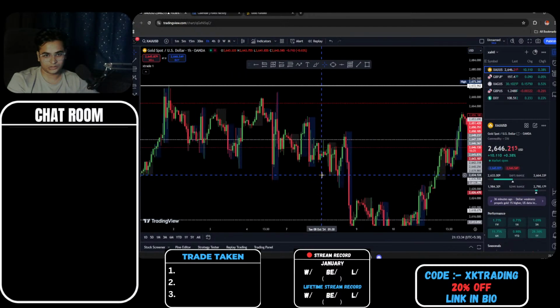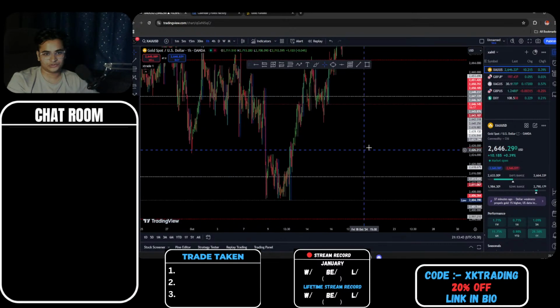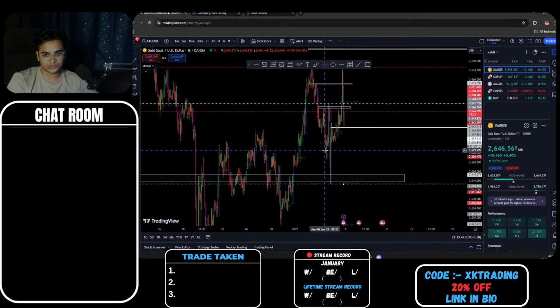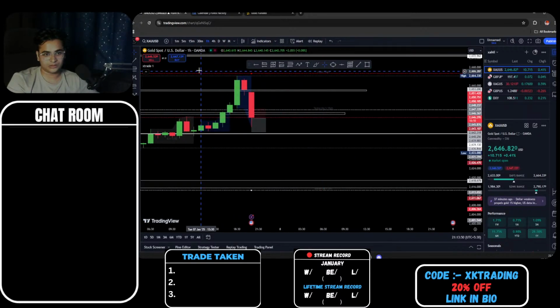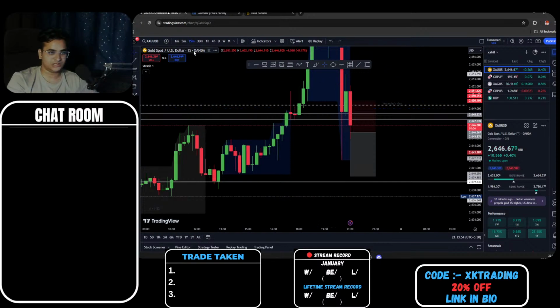Around this area. So there was not much momentum, but I think this was around this area. This was just a consolidation zone, so we didn't do much at the time. So there is a possibility that we can't do much with this one either, but it is a possibility.